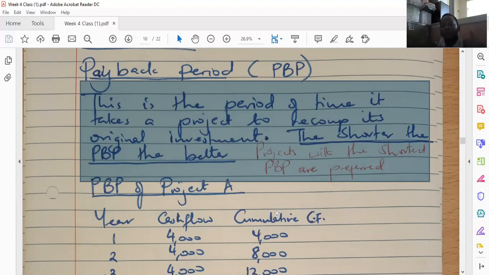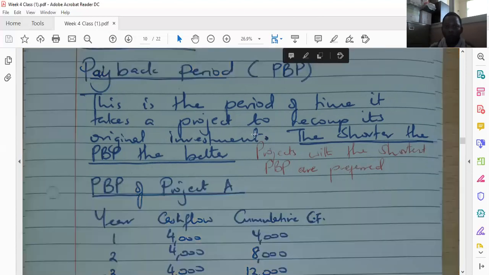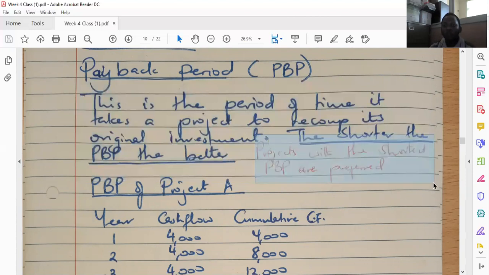If you have invested 10,000 shillings, how long will it take you to get back 10,000 shillings from that project? That period of time is the payback period. With payback period, we prefer those projects that have the shortest payback period. The shorter the payback period, the better.